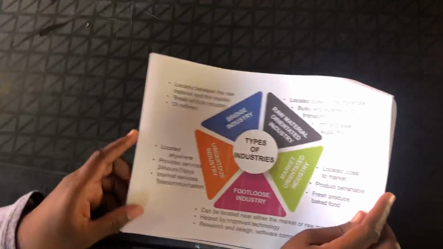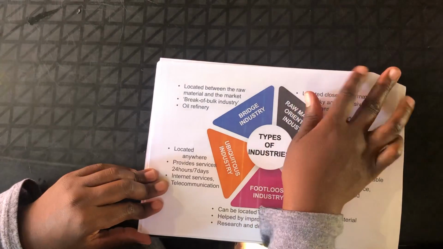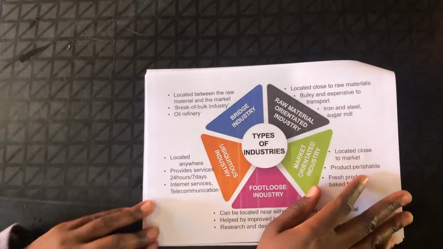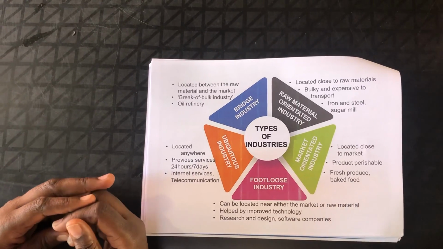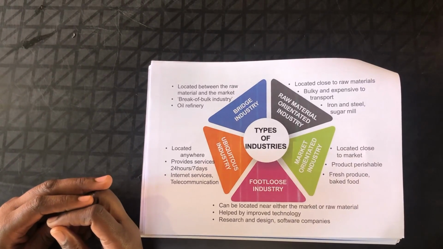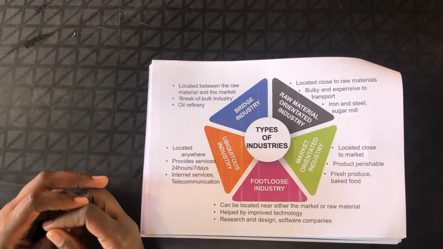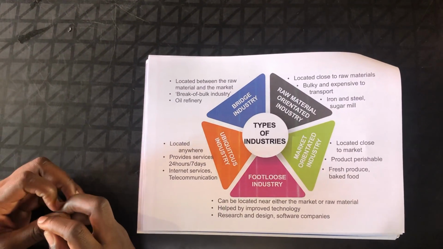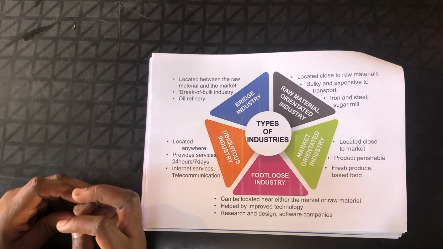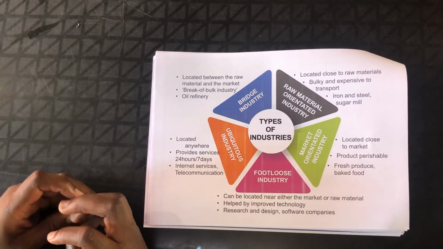Now, also looking at types of industries, we also need to look at what are bridge industries. These are located between raw material and the market, and they are usually called the break of bulk industries. And an example would be an oil refinery. Ubiquitous industries are located anywhere.